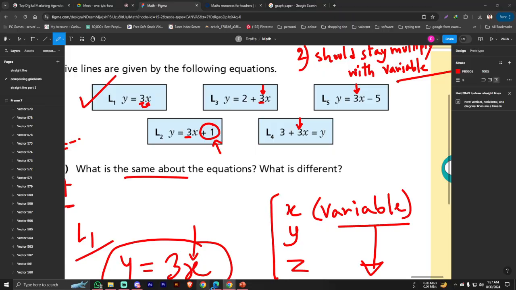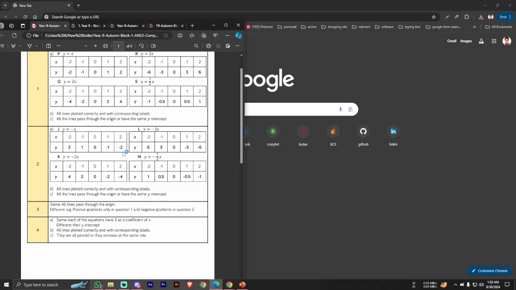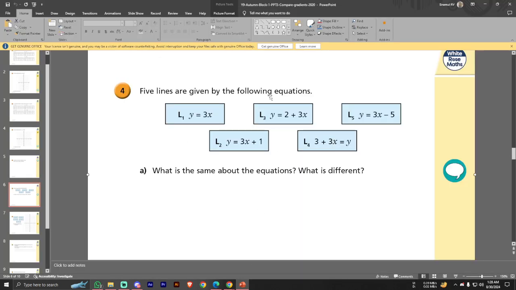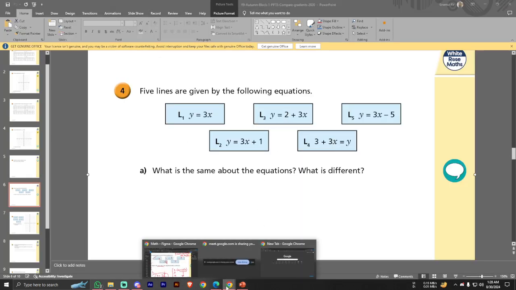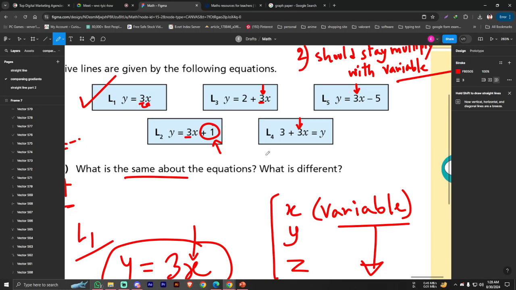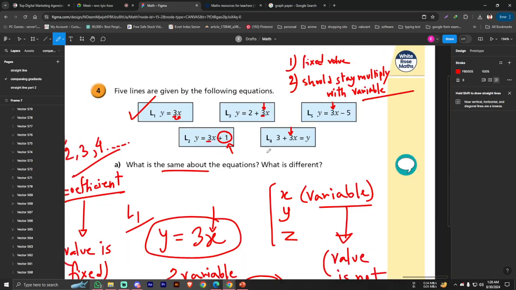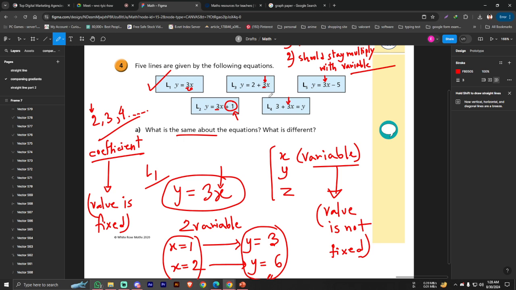From the answer sheet we can say that the difference is the y-intercepts. What's the y-intercept here? It intercepts 1.